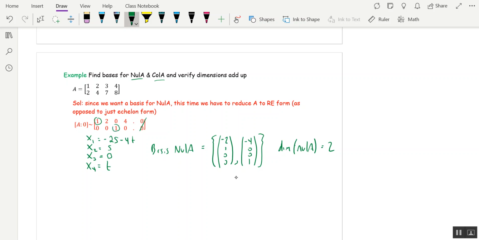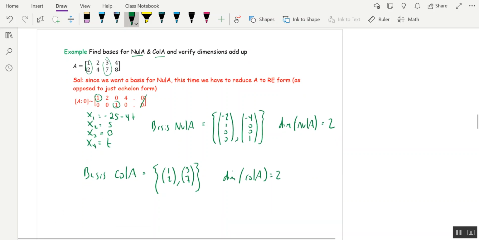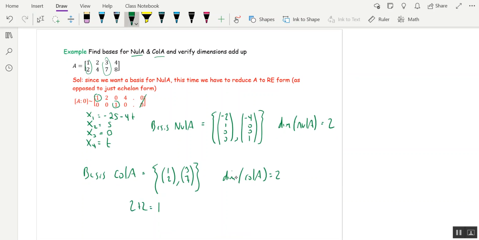That means I want the first and the third columns from the original matrix A. So a basis for col A is 1, 2, and 3, 7. There's no reason to re-reduce A. Okay, so the dimension of col A is 2 also. And so verify the dimensions add up. Well, 2 plus 2 is 4, which is the number of columns in A.